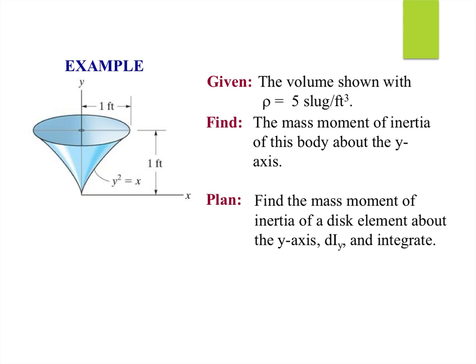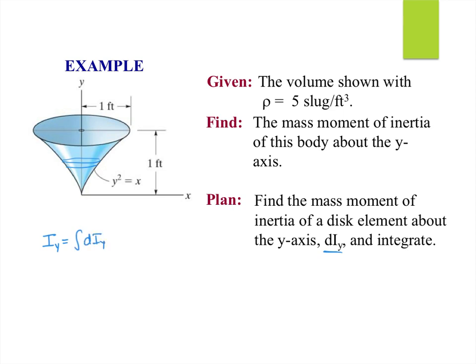We're revolving it around the y-axis to form a three-dimensional object, and we want to find the moment of inertia about the y-axis. It actually says to find it using the dI_y. This is similar to what we did in some of the exercises today, dI_y.